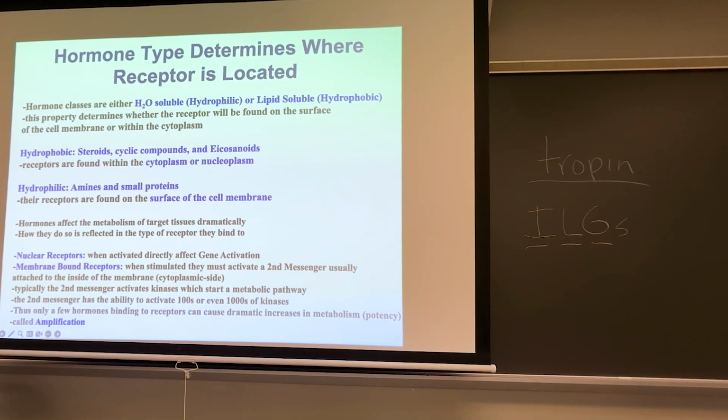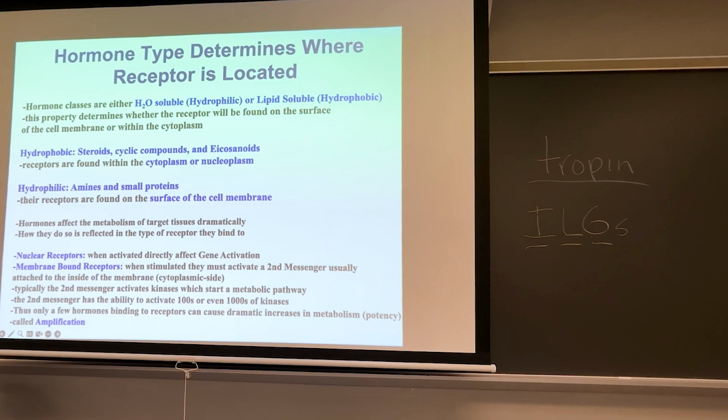All right, so hormones, where their receptor is depends on what type of hormone it is, right? What class it is, whether it's hydrophilic or hydrophobic. So hydrophobic hormones like steroids or cyclic compounds or eicosanoids, their receptors can be internalized because they can pass through the cytoplasm.